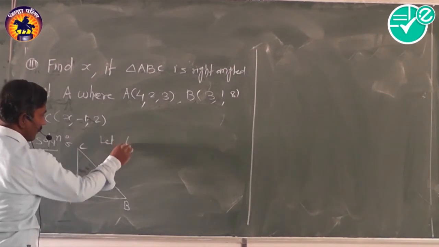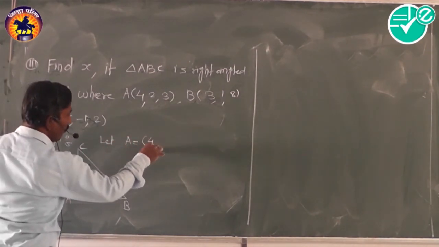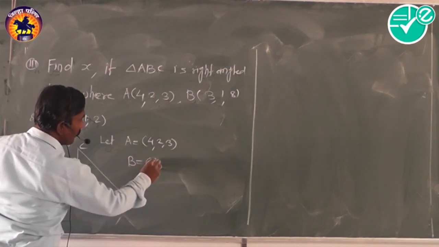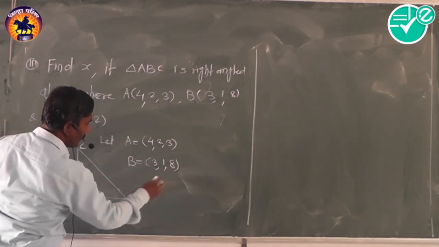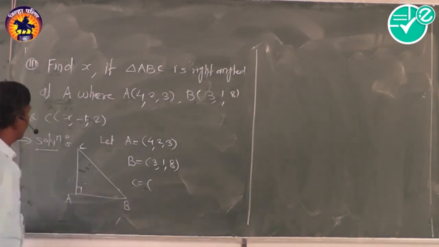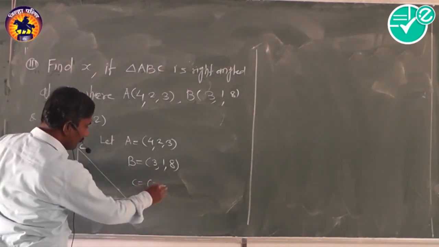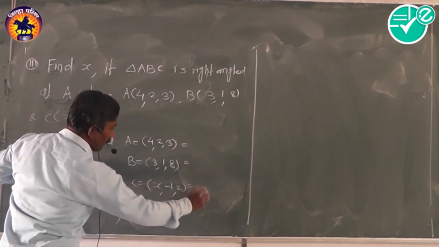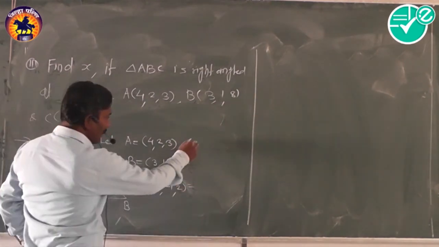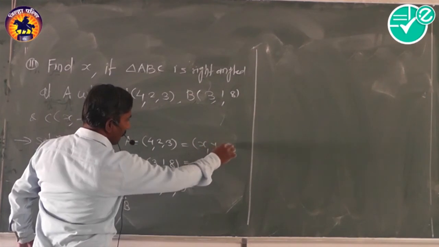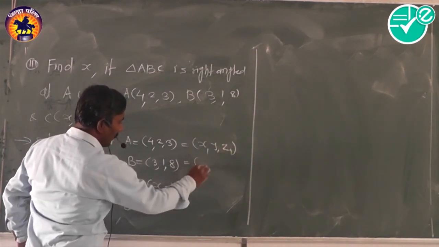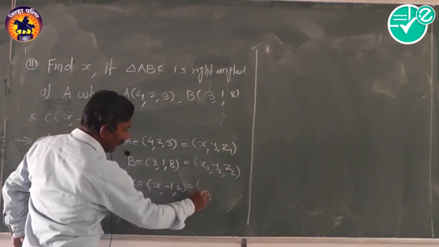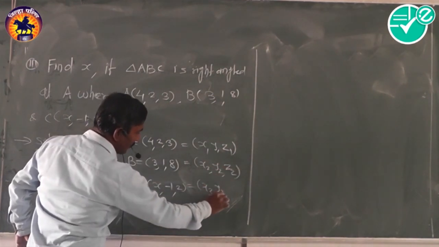Let A be (4, 2, 3), B (3, 1, 8), C (x, minus 1, 2). We assume them as x1, y1, z1, x2, y2, z2, and x3, y3, z3.